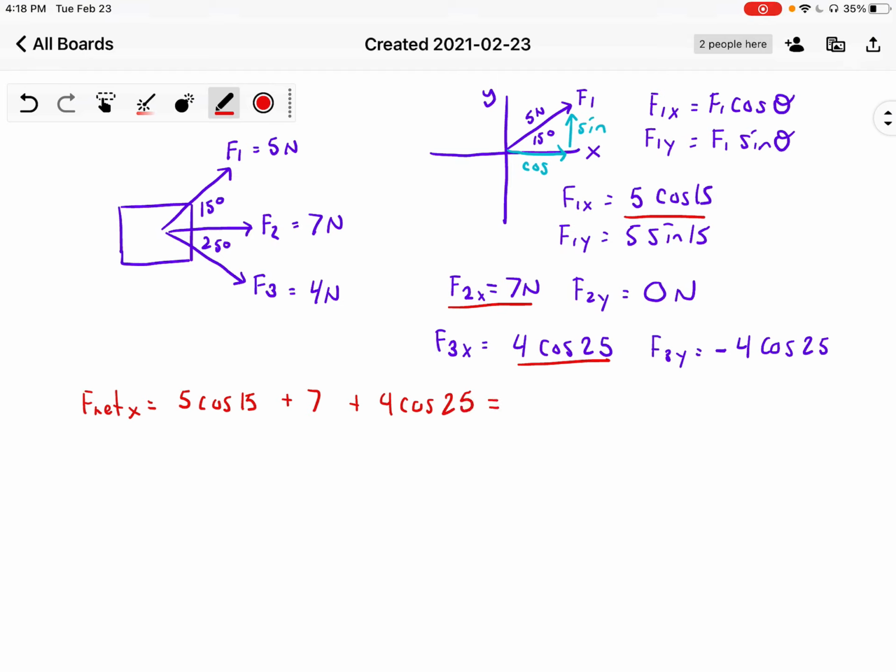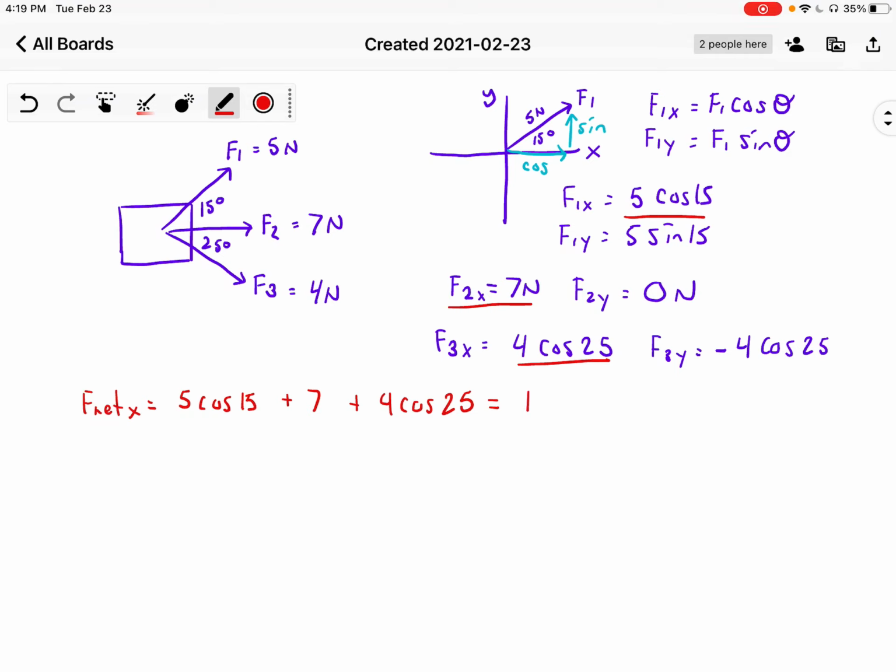And now that you've written it out like that, it is time to enter it into your calculator. And I'm just going to go ahead and enter it into my calculator. Feel free to enter it into yours as well to make sure you get the same result as me. So I've got 5 times cos 15 plus 7 plus 4 times cos 25.